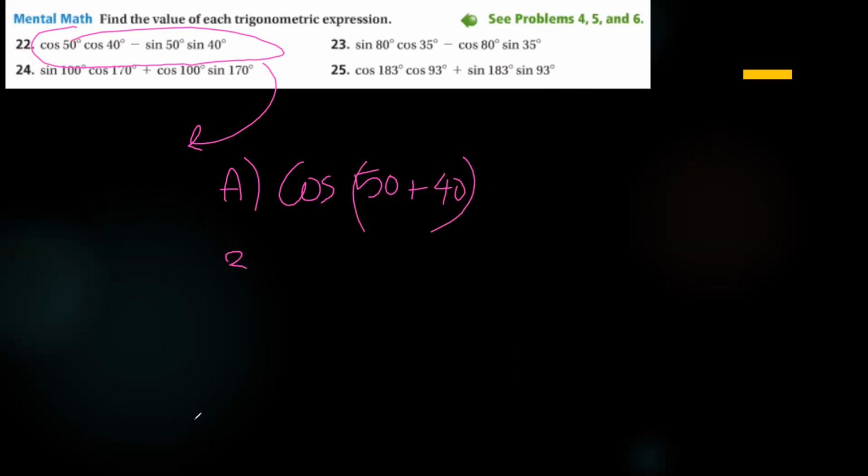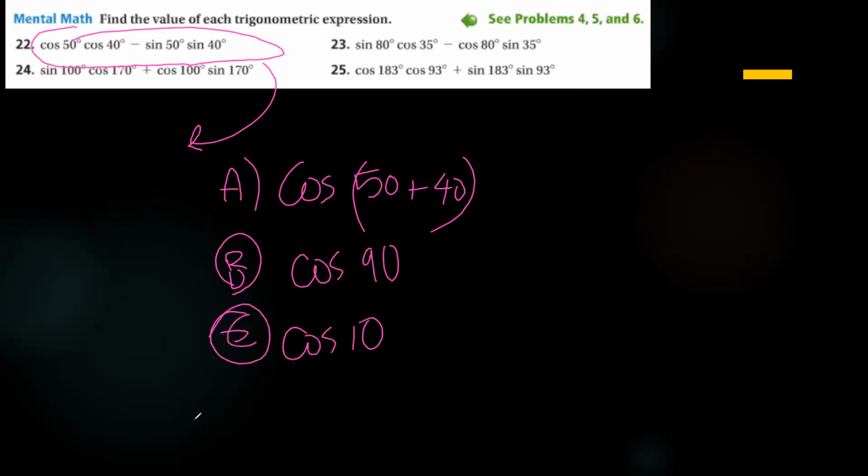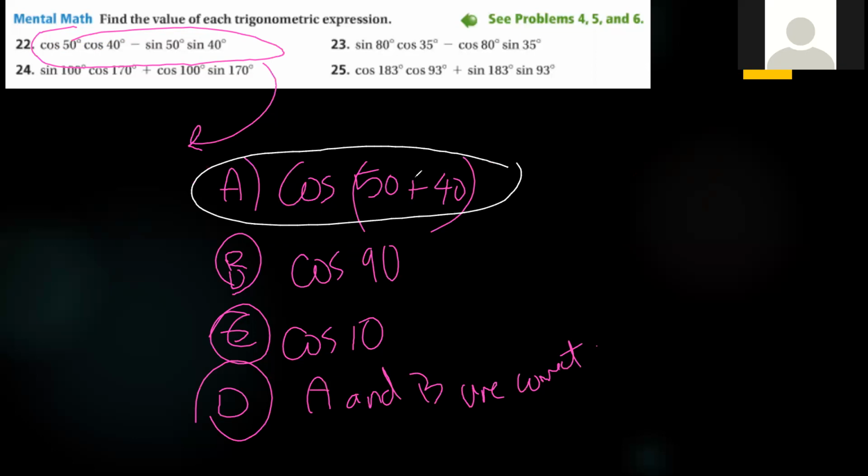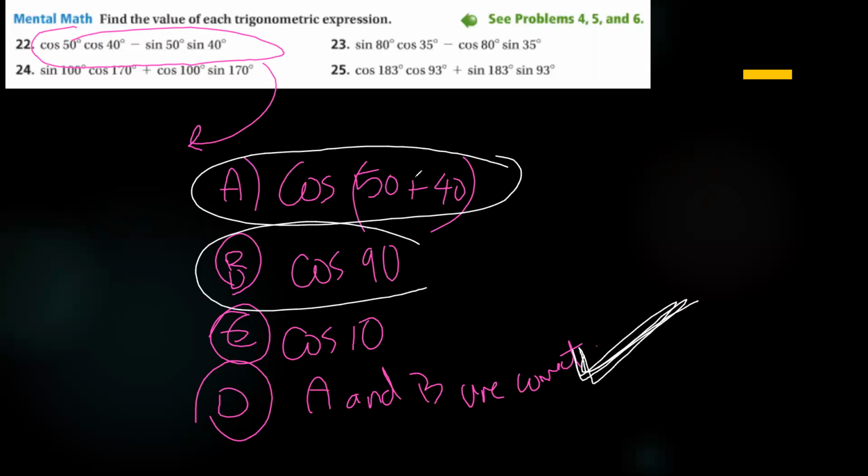The second one, cosine of 90. The third one, cosine of 10. And the last one, A and B are correct. So which one is correct? You will see that A and B are correct. So the choice you will choose is D.